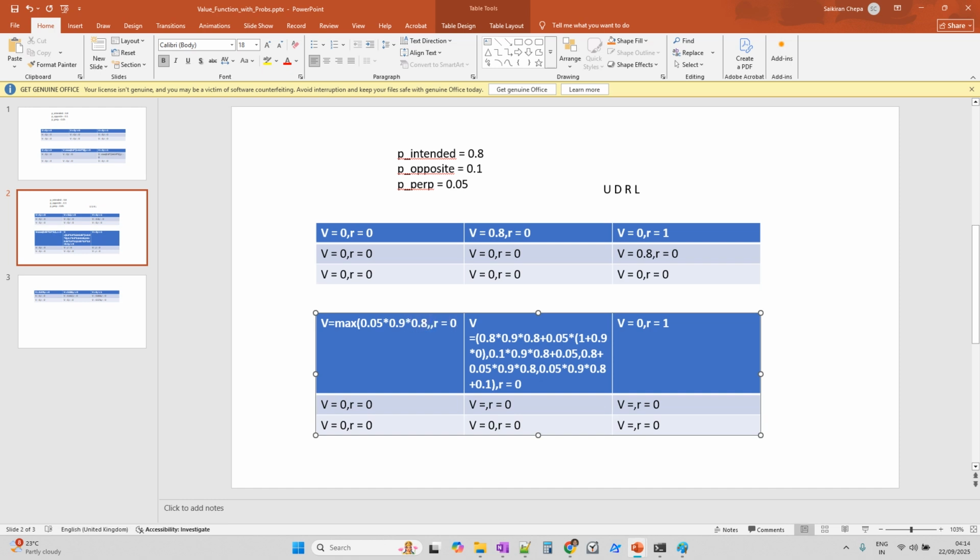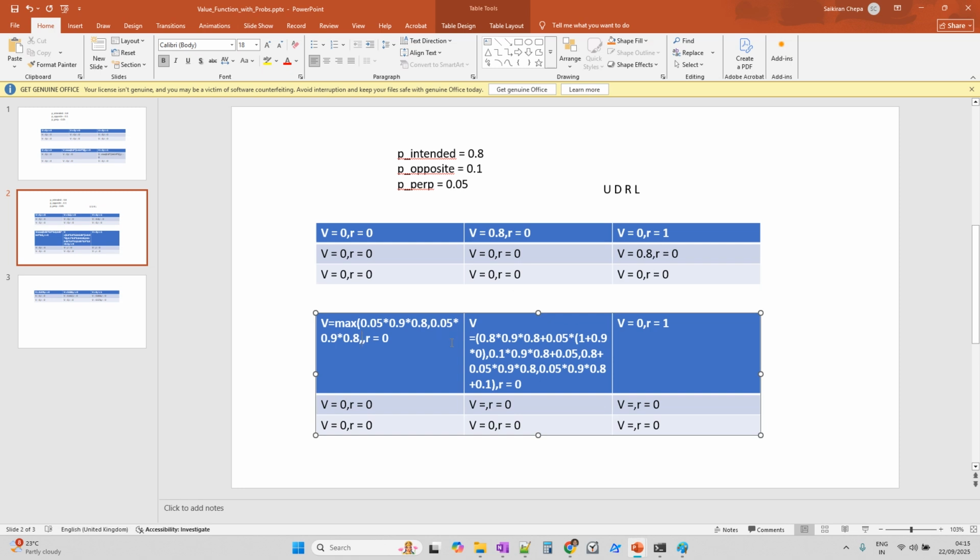Next one is down. Down if you go, then nothing will come in this direction, nothing in this direction. Perpendicular direction something will come, the same thing: 0.05 into 0.9 into 0.8.